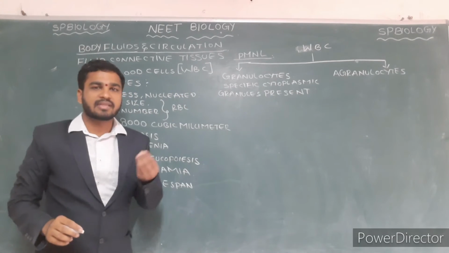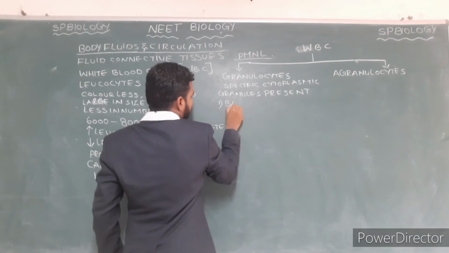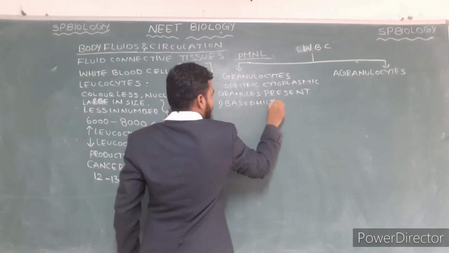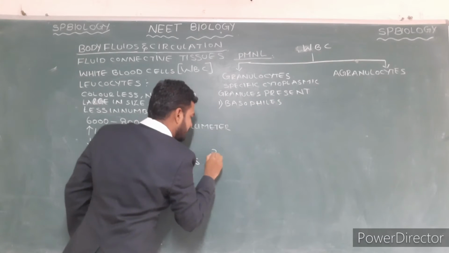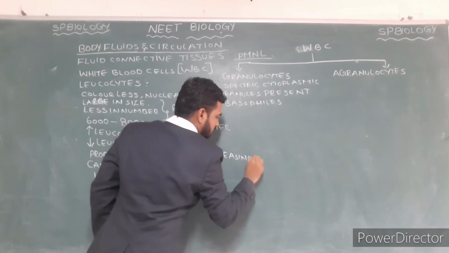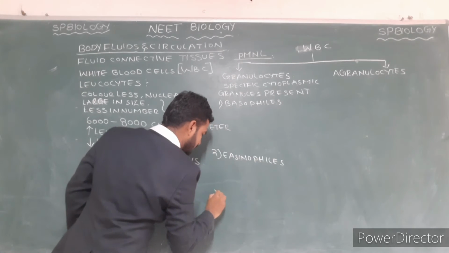Granulocytes are of three types: basophils, eosinophils, and neutrophils.